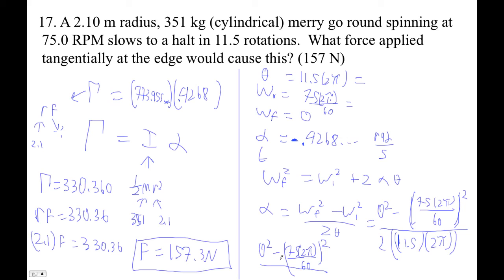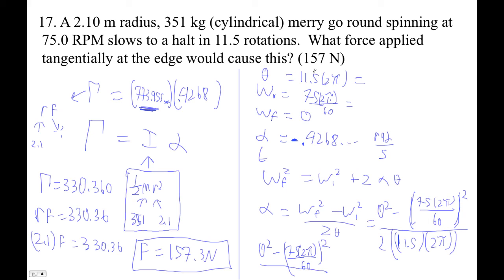So what were my steps? My first step was to find the moment of inertia. That's easy, 1/2 mr squared. It's a cylinder, and all those little moments of inertia are on the top of the page. Second step is to solve the kinematic problem. They give it to you in RPMs and all that, because to do any less would be insulting you.